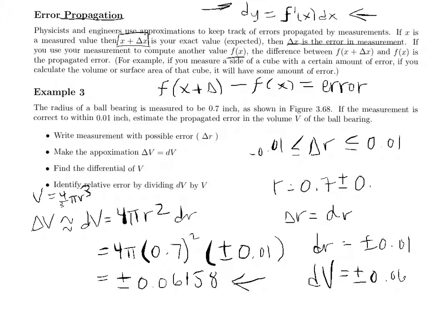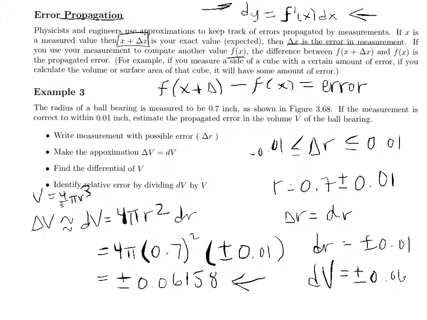Now, consider here we have a ball that had a radius of 0.7 inch to begin with, okay? What if we had a ball that had a radius of 7 inches instead, right? The same amount of error. Is that going to be more or less significant? Will it matter that it's 0.01?